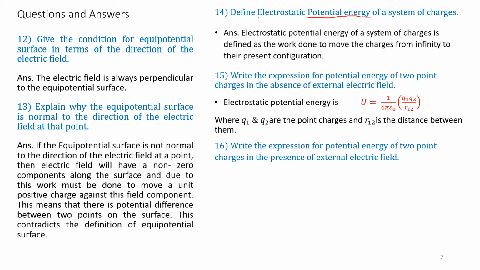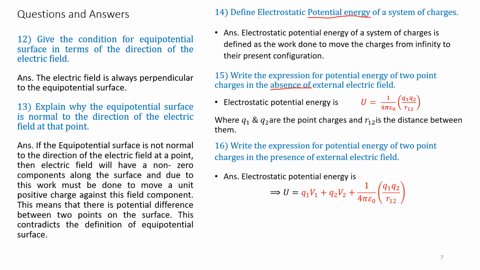Question number 16. Write the expression for potential energy of 2 point charges in presence of external field. Previously, it was in the absence of electric field. In presence of external field, we have to add 2 terms. So the potential energy is Q1 V1 plus Q2 V2 plus 1 over 4 pi epsilon naught Q1 Q2 divided by R12.